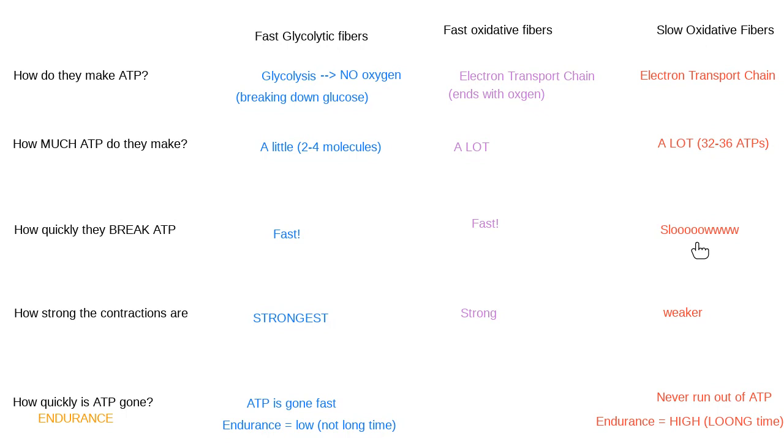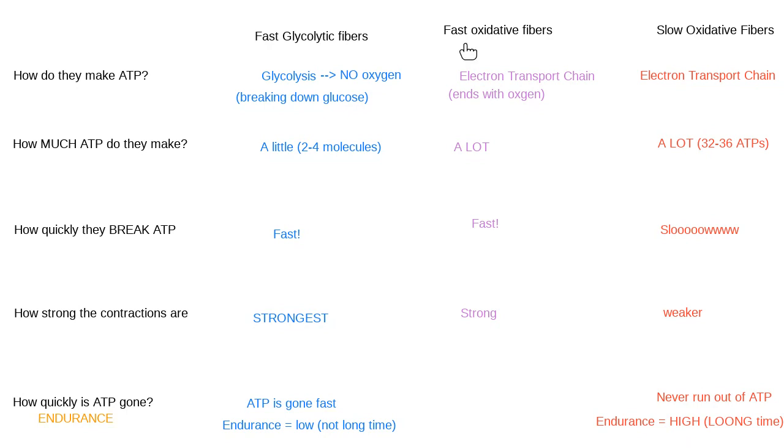That's going to allow what they have to last pretty much forever. Slow oxidative fibers, very high endurance. Or the flip side of that, it's called muscle fatigue, when muscles don't have energy to do their actions anymore. A slow oxidative fiber does not fatigue very easily. It's going to keep going for a very long period of time.